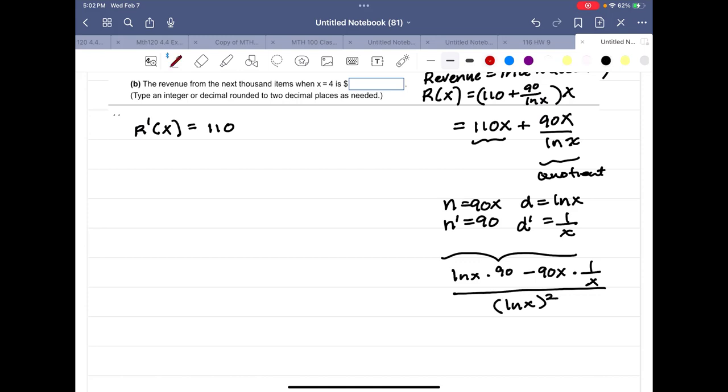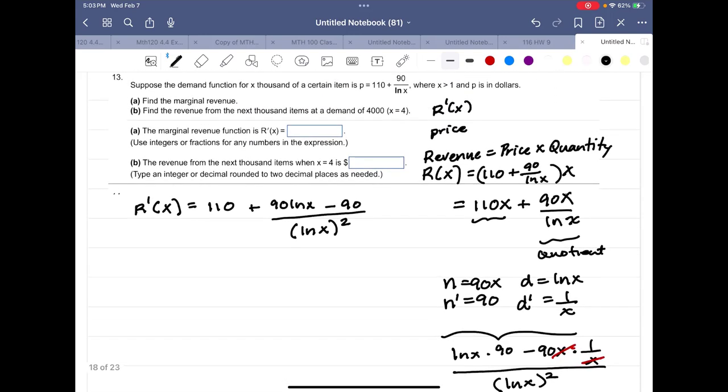A little bit of reducing I can do is divide those x's out, and here I'm going to put my 90 in the front of the natural log of x, minus 90, and all of this is over the natural log of x quantity squared. So that's my marginal revenue.